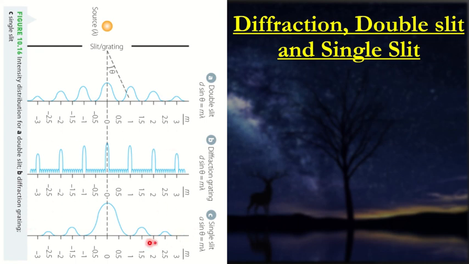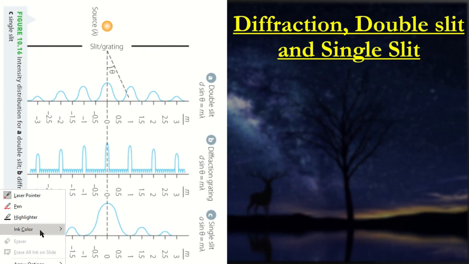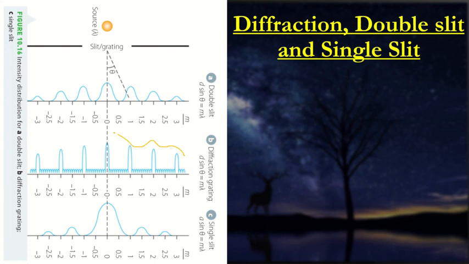This is if you're using a single slit. Notice they all show a similar shape. Now, a diffraction grating has narrower lines, but they essentially show the same intensity graph. So if we're looking at the single slit and it looks like this, the diffraction grating also shows the same shape. Mind you, my diagram is definitely not as nice as that one, but it shows a similar kind of diffraction.